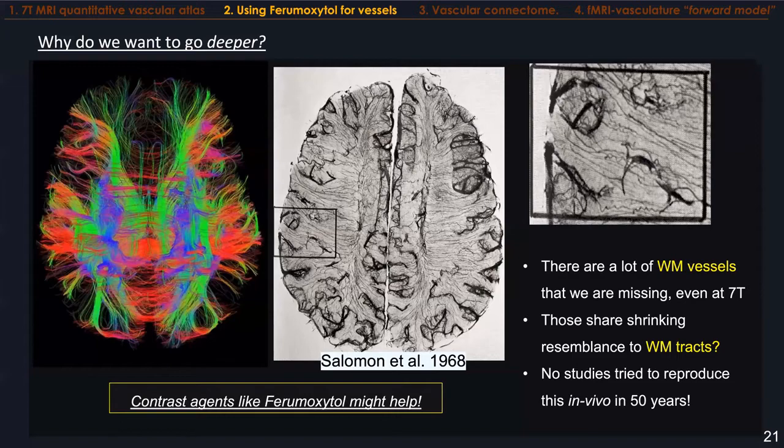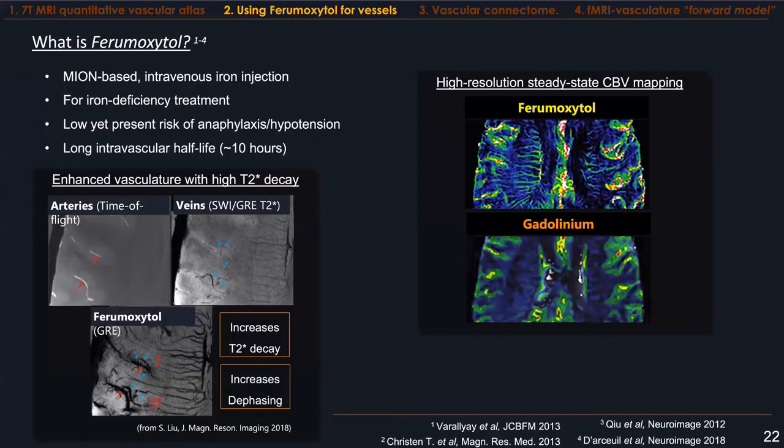Ferumoxytol is basically an intravenous iron injection. It has a low but present risk of allergic reaction. It has a long intravascular half-life, which means that we have a large window to see those beautifully enhanced vessels, but it comes at a cost.